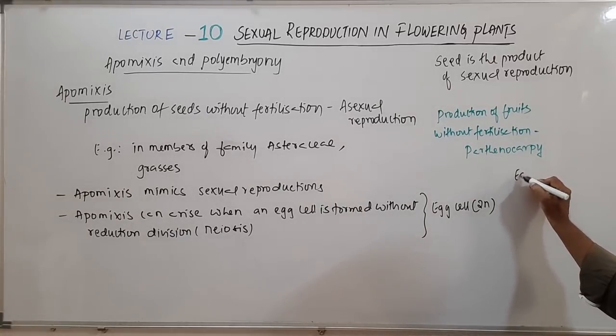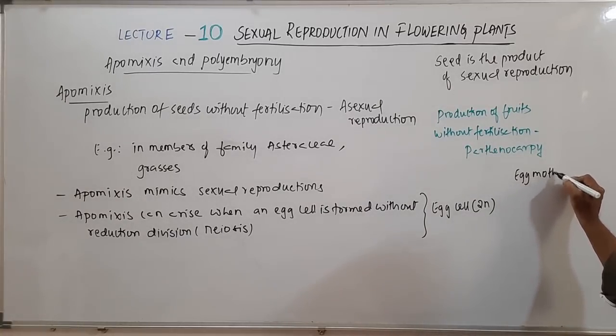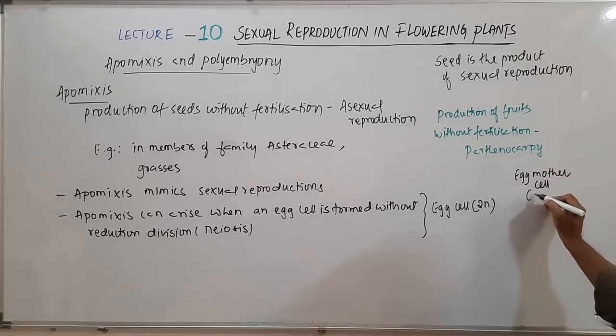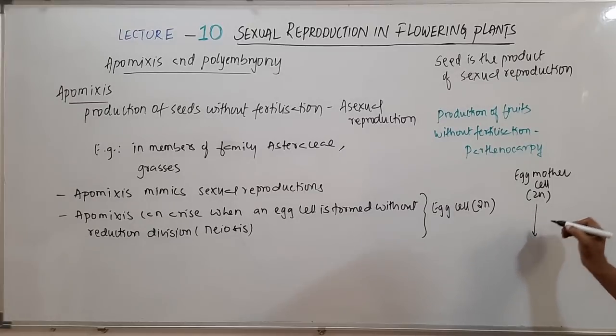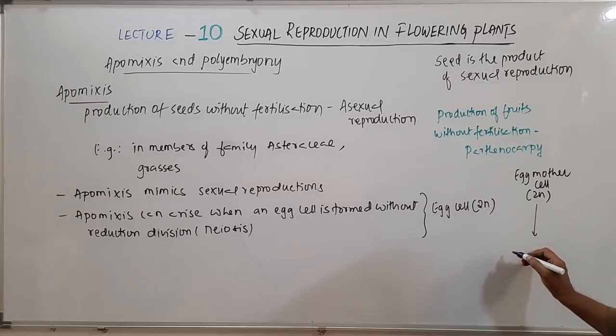Say here is the egg mother cell. This egg mother cell is diploid, and it did not undergo meiosis, and as a result it straight away converts to form the egg cell. So this is 2n.